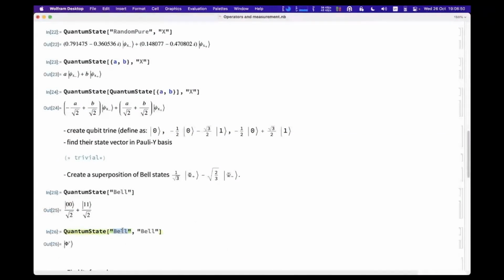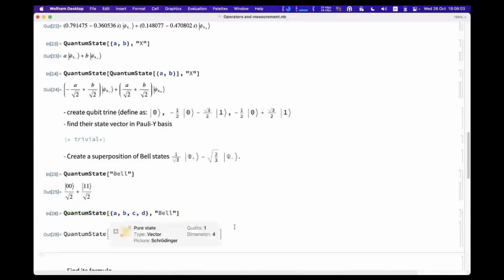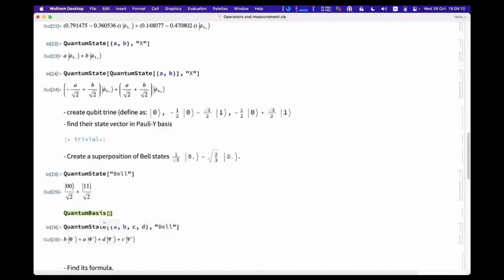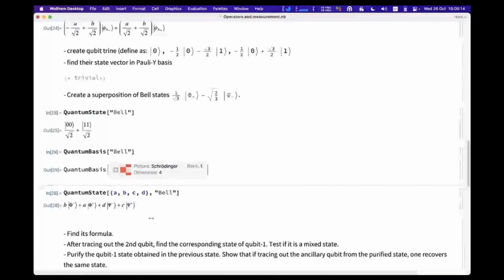Let's go with symbolic amplitude, A, B, C, D. Let's add the other two, so we show all of them together. So you see, this is the Bell state, and each one corresponds to a particular Bell state that we have. So when you want to create that particular superposition, you just need to specify the corresponding amplitude.